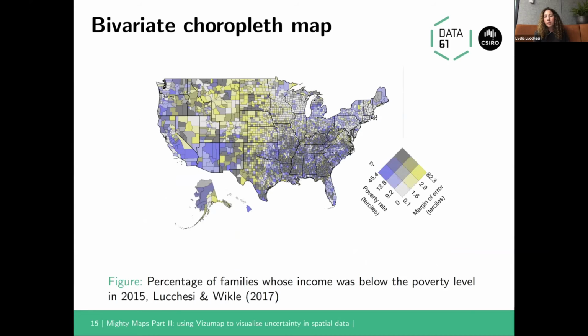As you can see, for example, in this area where you've got the dark gray, that would represent the areas with the highest poverty rates, but also the most uncertainty. Throughout the Midwest, we have a lot of this yellow value, which would point to low poverty rates, but high uncertainty. And so this just offers a way to get both pieces of information on the map.